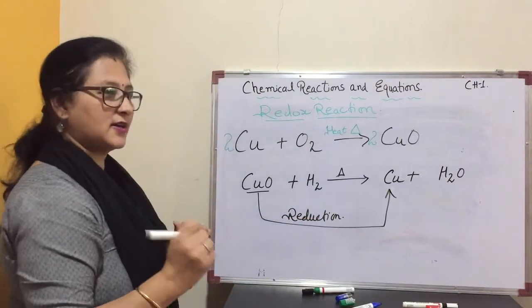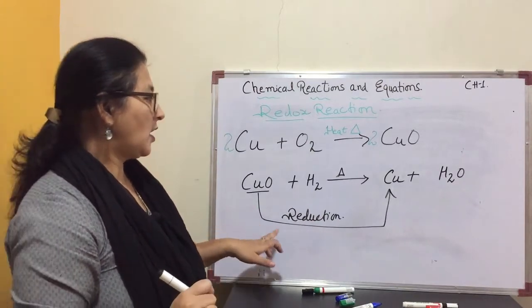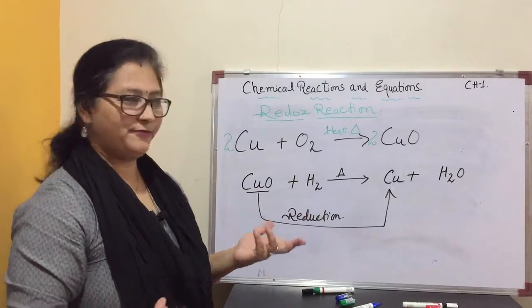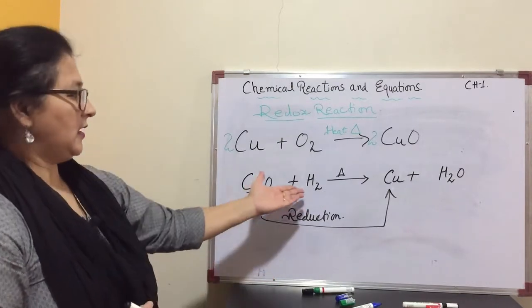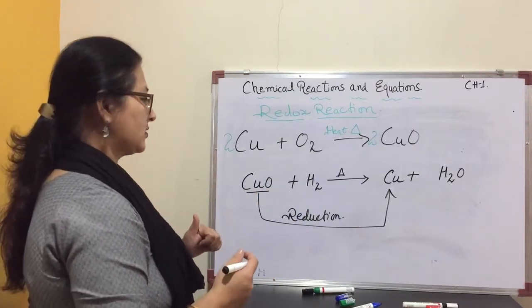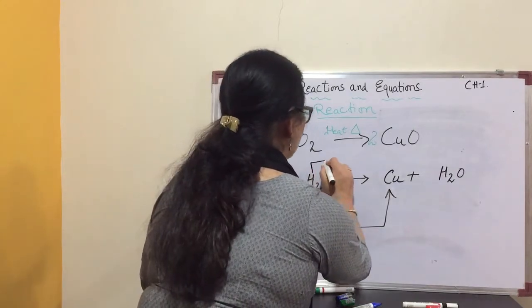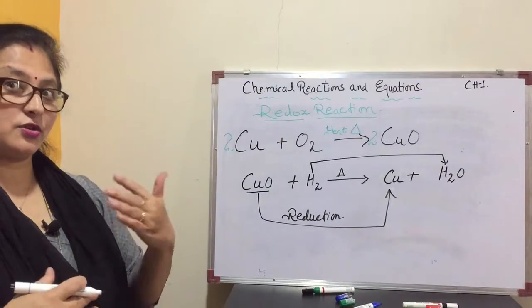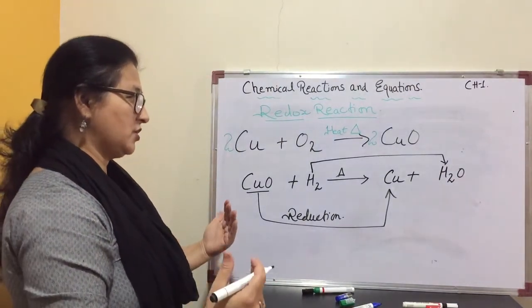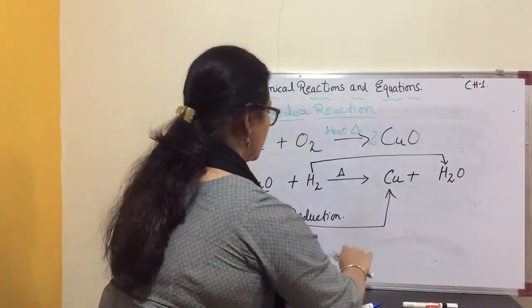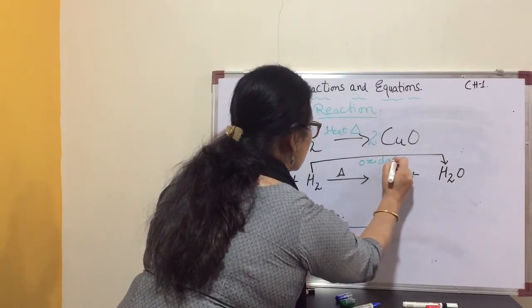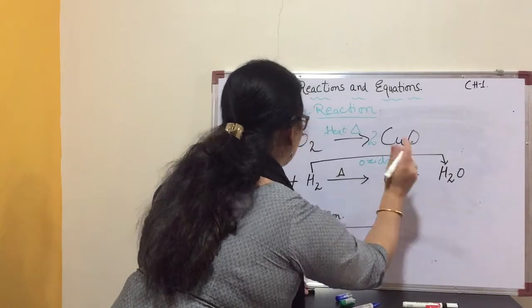Now when copper is losing oxygen, who is getting oxygen? Here hydrogen is gaining oxygen. So addition of oxygen is oxidation reaction. Clear? So I'll write oxidation reaction.